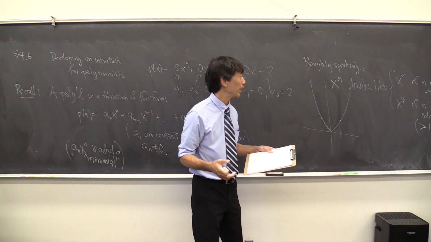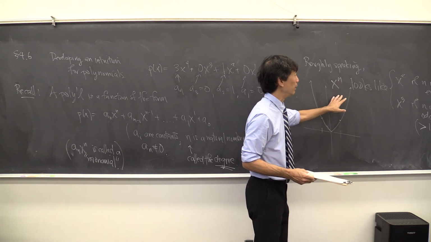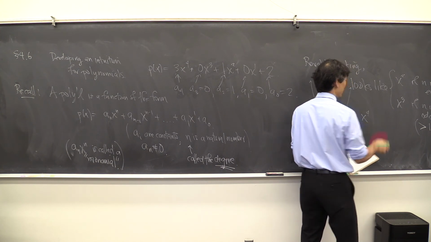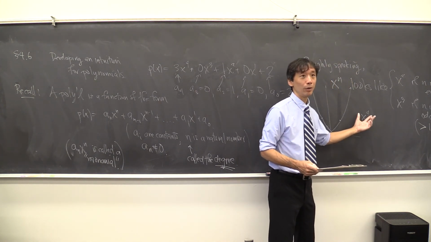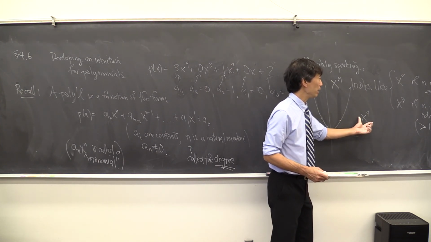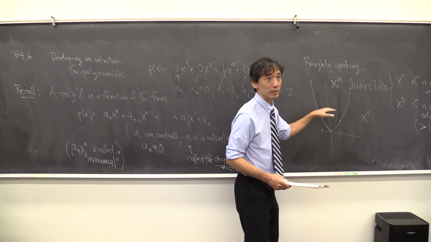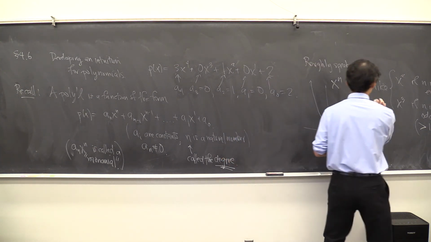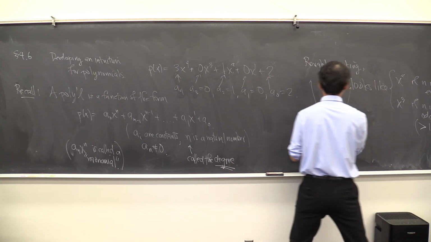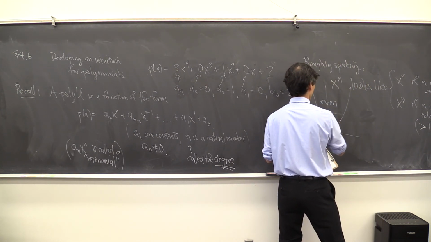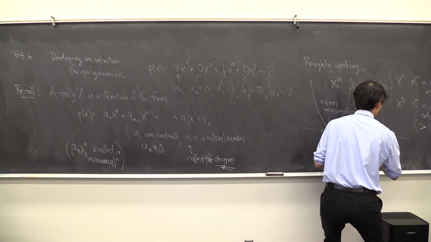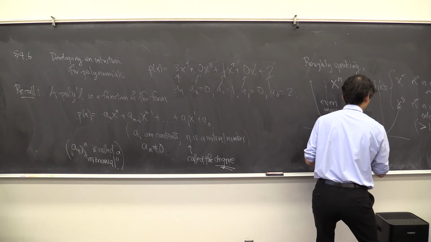If you see something like that, and it's a monomial, it's probably some even power of x. It might be x to the 4th or x to the 8th or something like that. If it's x to some even power, it roughly looks like an x squared function. These are the even powers of x, and the odd monomials look like x cubed, roughly speaking.